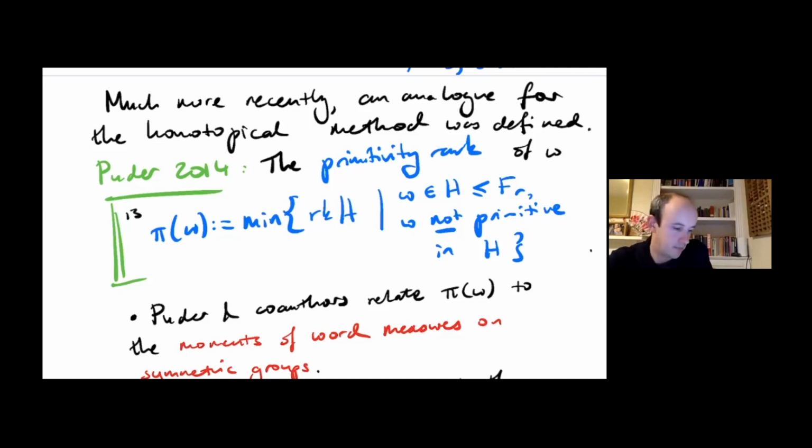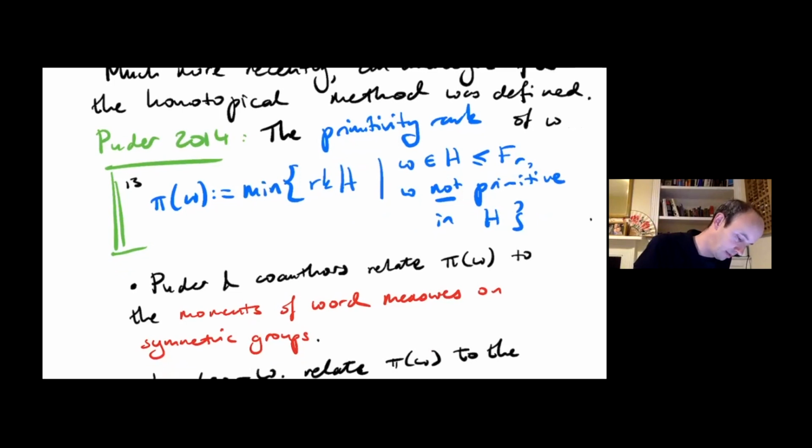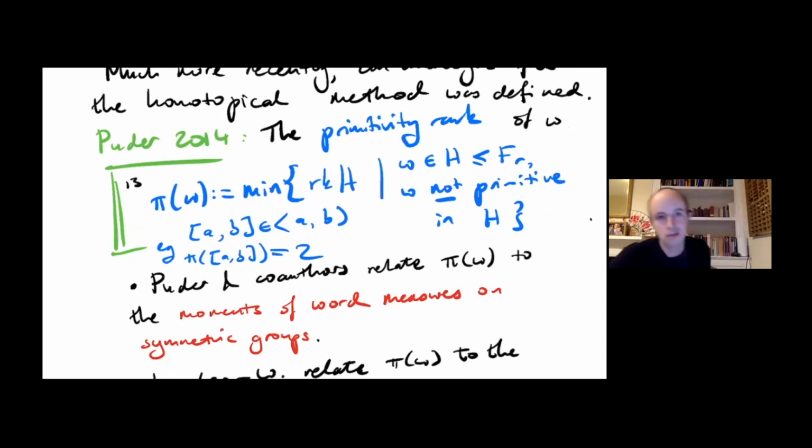So this is Puder's definition. As another example, if I give you the commutator of A and B sitting inside the free group generated by A and B, the primitivity rank of that is going to be 2, because the commutator is not primitive inside this free group, and that free group has rank 2, so the most it could be is 2.